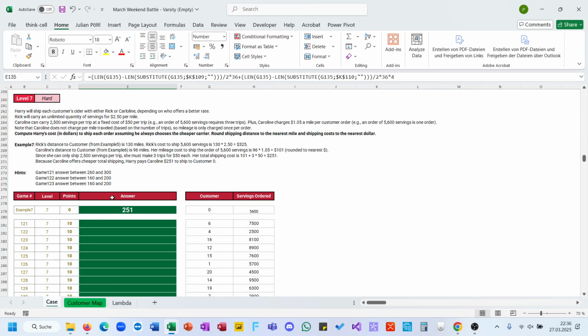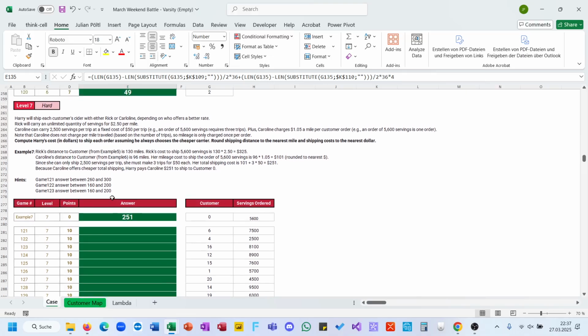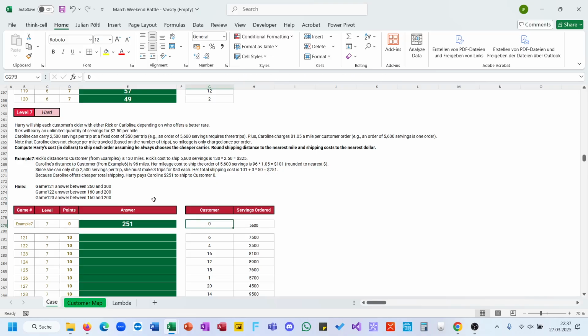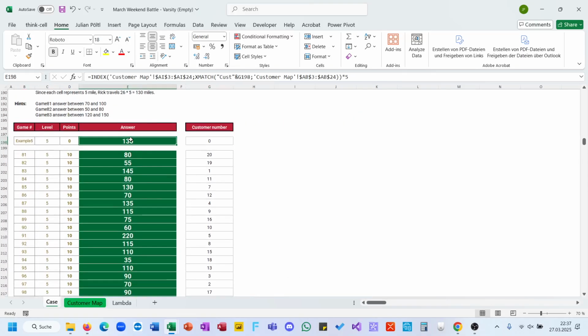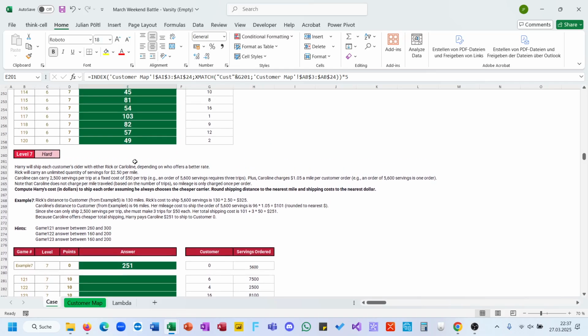Okay. I need to read first. Ah, is it always the same? No, it's not. Okay. Bah, there's a lot of reading.